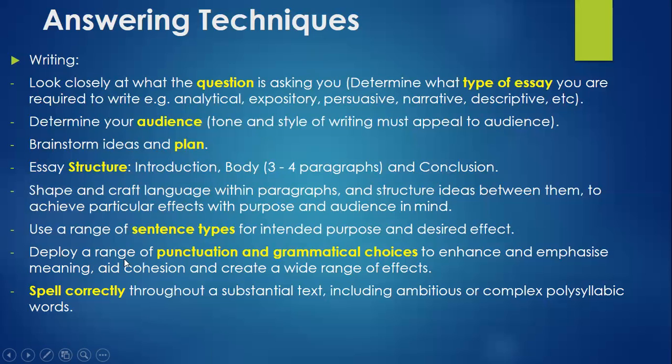Also, you are advised to use a range of punctuation marks and grammatical choices. This is to enhance and emphasize meaning for your essay, to aid in cohesion and create a wide range of effects for your essay. Of course, only use the punctuation marks if you know how to use them correctly.